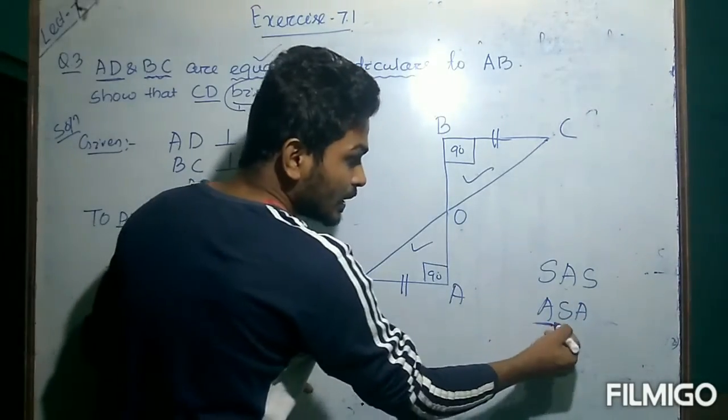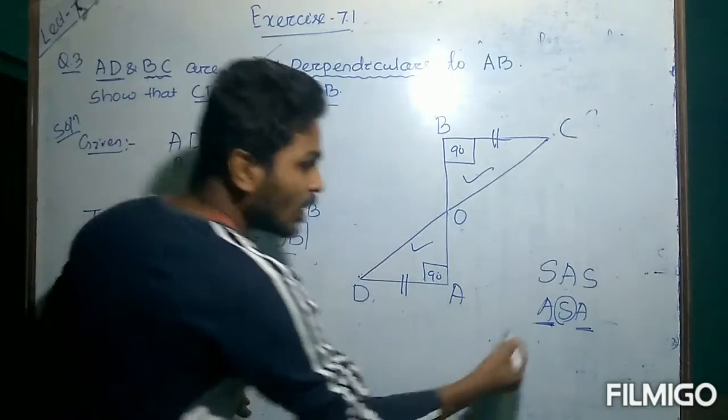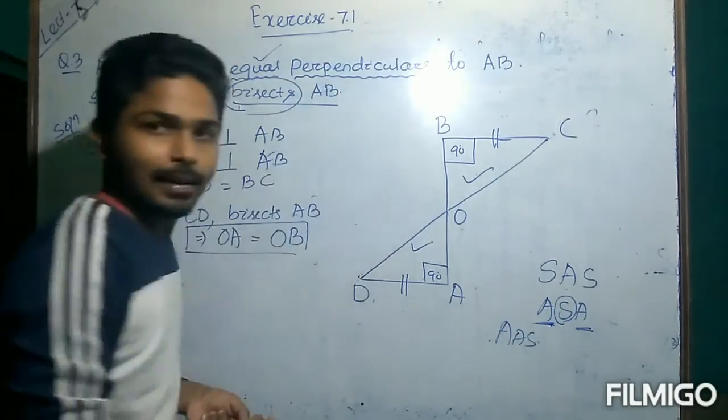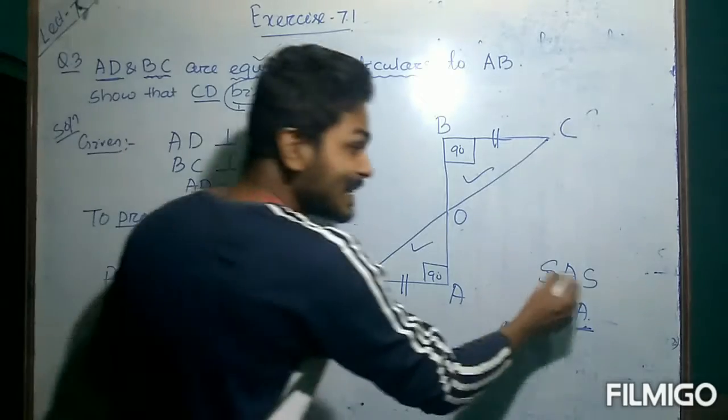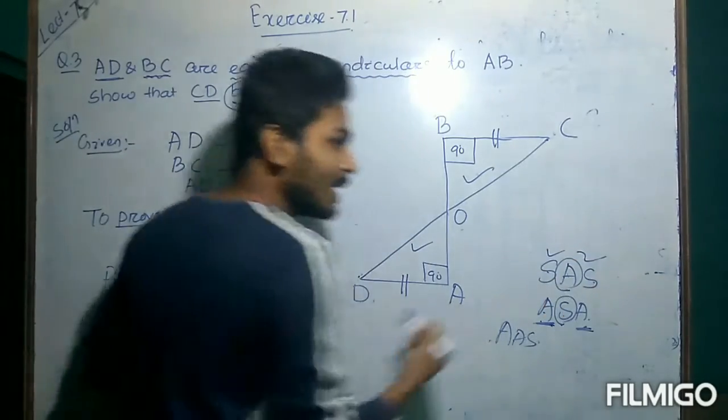ASA means two angles and included side, not AAS. I am talking about ASA, two angles and included side. Similarly, SAS means two sides and included angle.